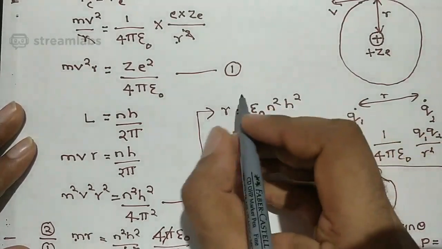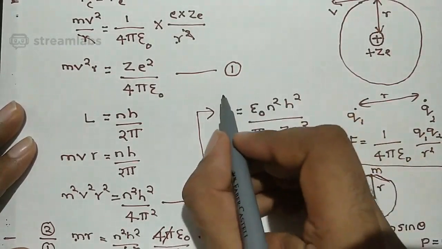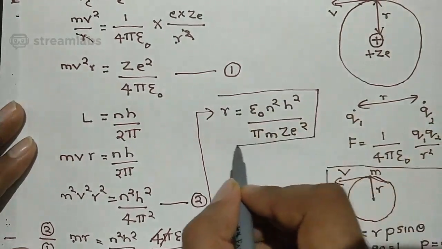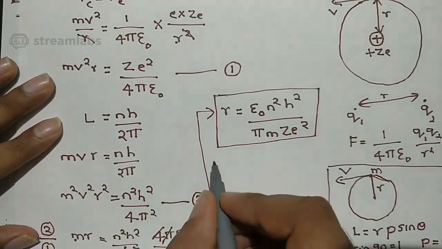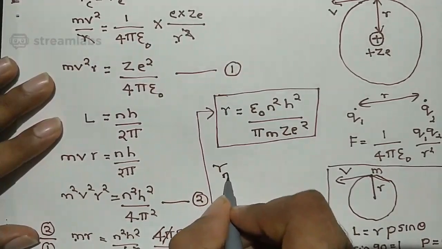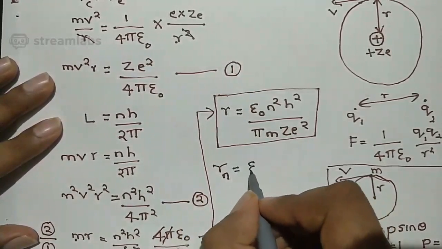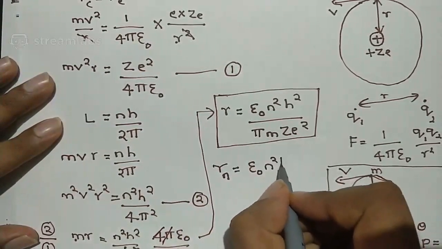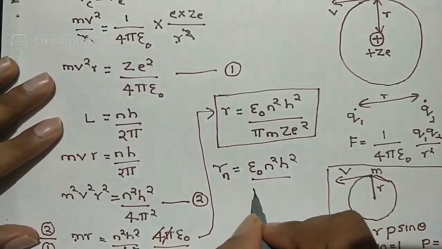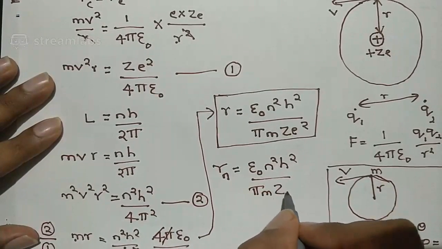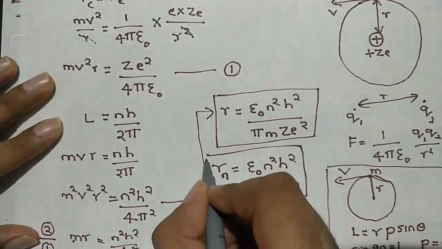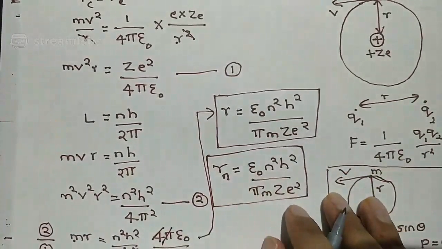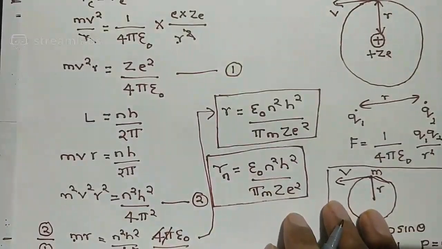So this is the radius of the electron in the nth orbit. R suffix n is epsilon naught n square h square by pi m Ze square.